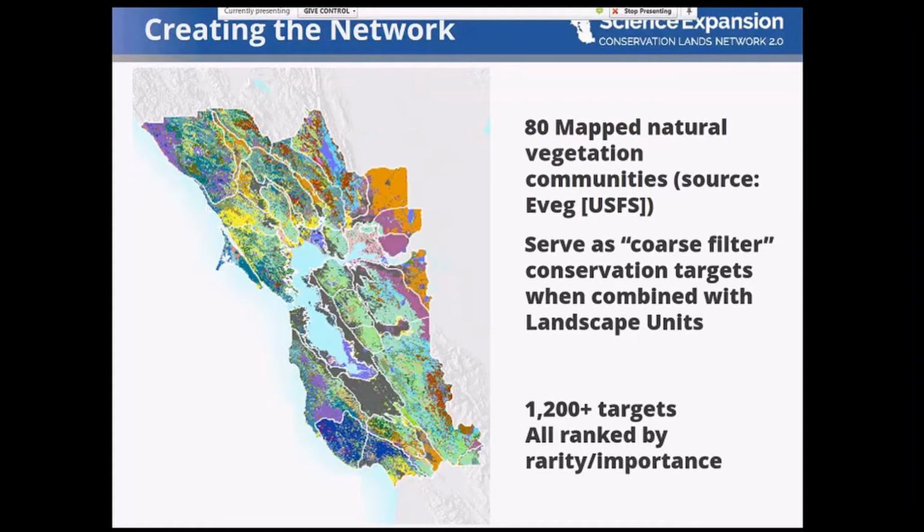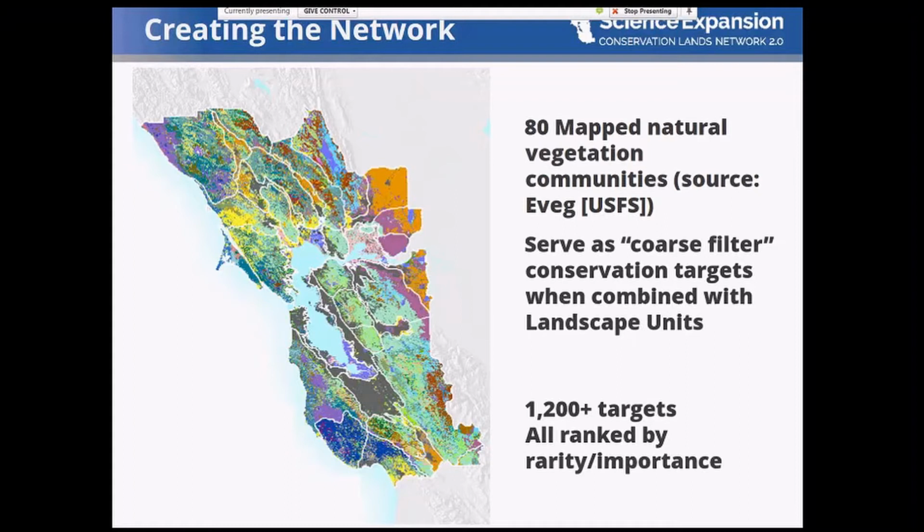Now, just stepping back briefly, this whole framework is based on the coarse filter, fine filter conservation planning approach, which says that if you start with a broad representation of habitats, like a vegetation map, you're going to get roughly 80% of your conservation targets in that region, just through these habitats acting as proxies for other species. And so we call these the coarse filter conservation targets, and we're going to need fine filter conservation targets, which I'll describe in just a second. But this is how we get it.